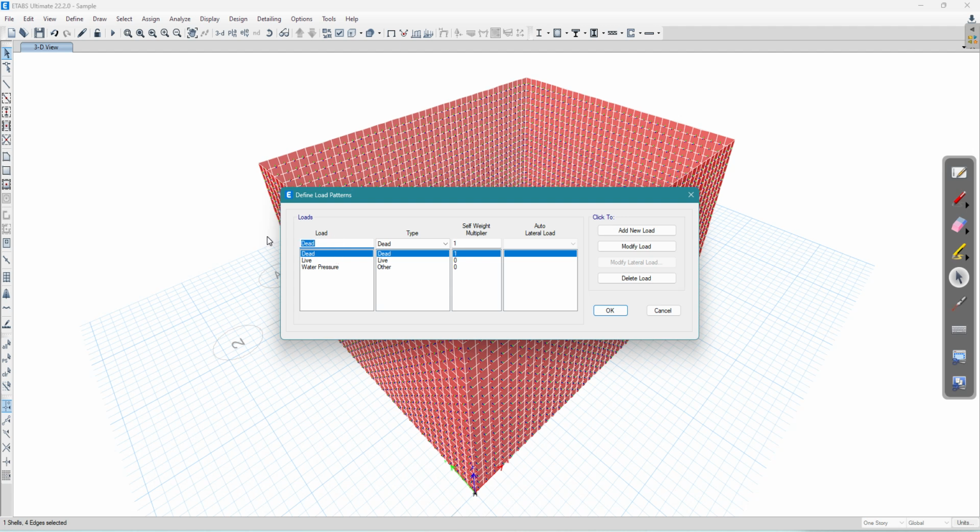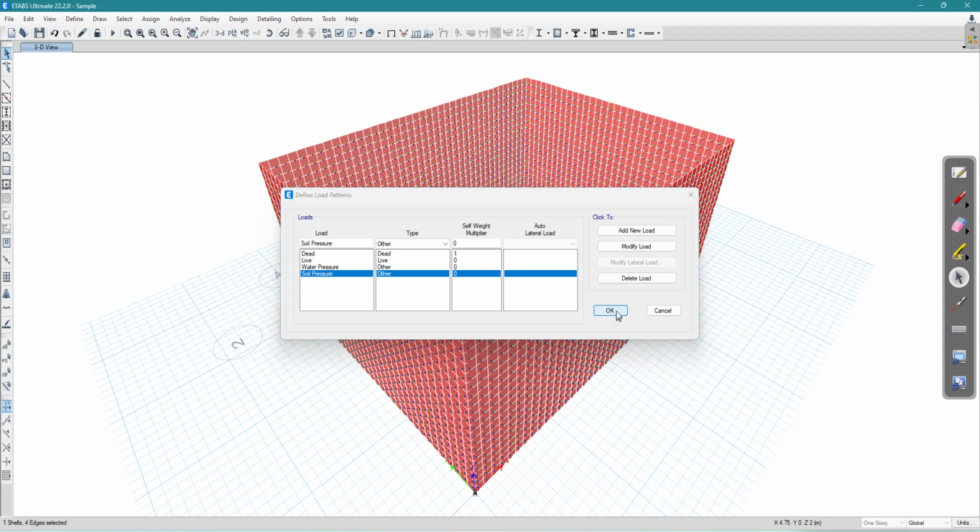You create another load pattern called soil pressure or earth pressure, both are same. In case of type, you select other, self-weight multiplier should be 0. Add new load case. See here, you have dead, live, water pressure, soil pressure. You just click on OK.